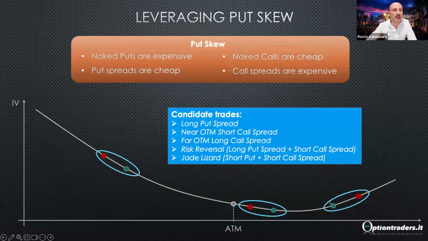On the opposite side, there is no skew, or there is relatively little skew. So naked calls are cheap, because since the volatility is not that high, I can buy a naked call cheaply. Obviously, if I'm selling a naked call, I'm going to be paid less.